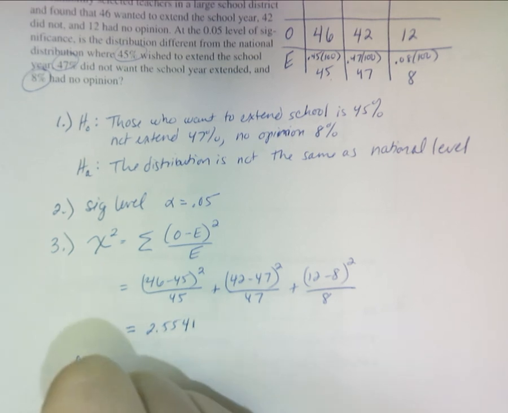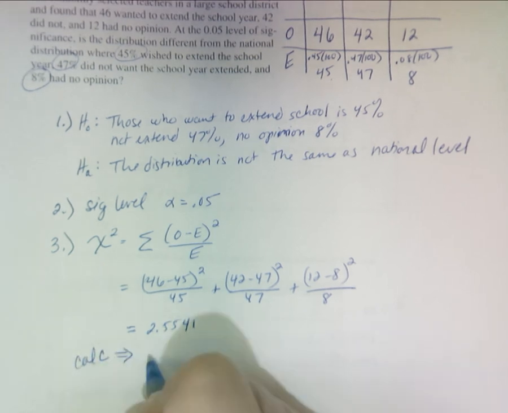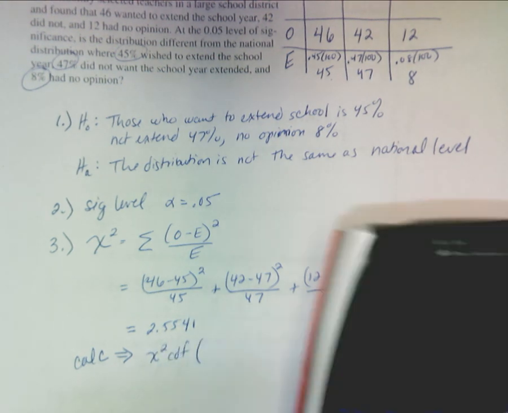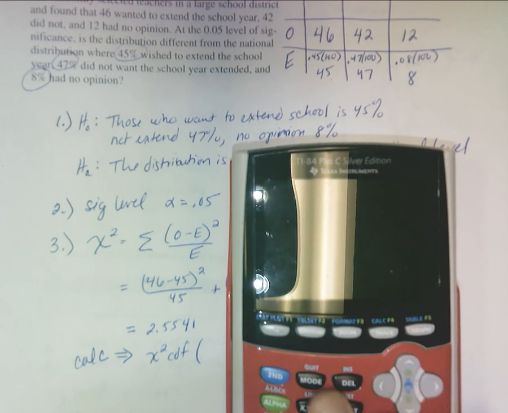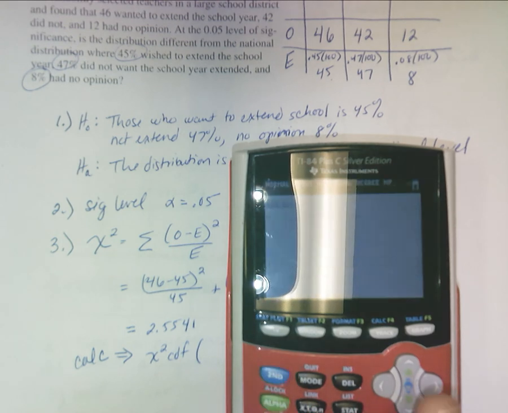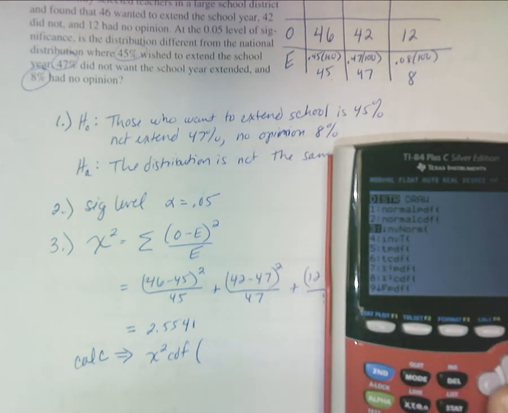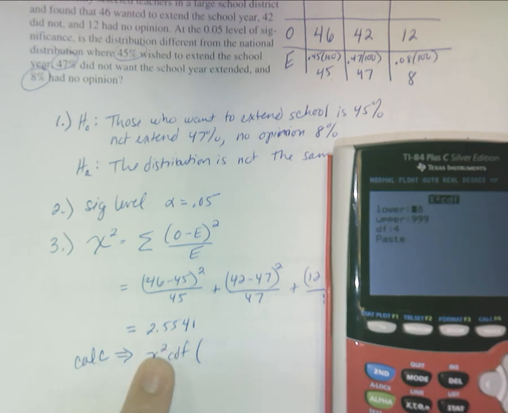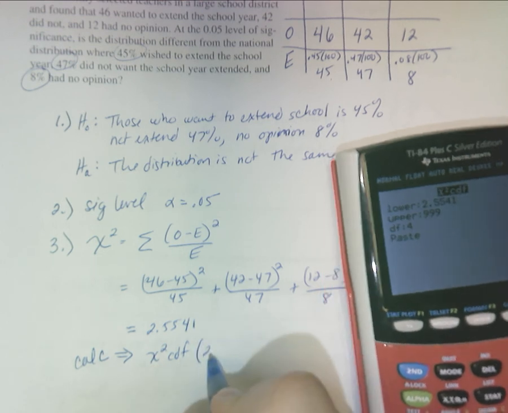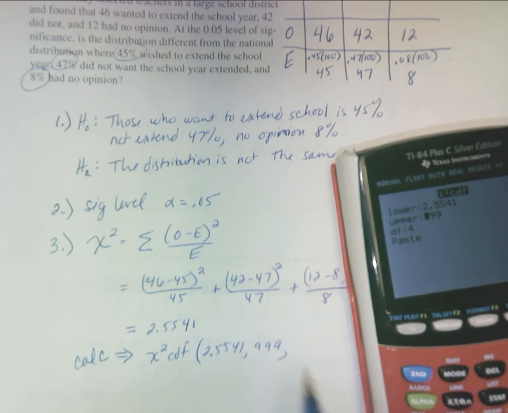Now you're going to go in your calculator and go to chi-squared CDF. That's found in 2nd VARS. Chi-squared CDF. Remember, this is now your lower number, 2.5541. 99999 is your upper.